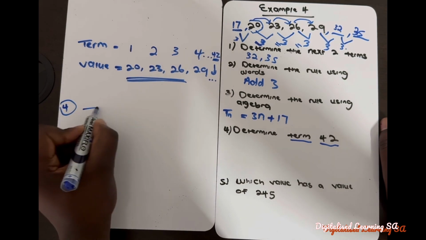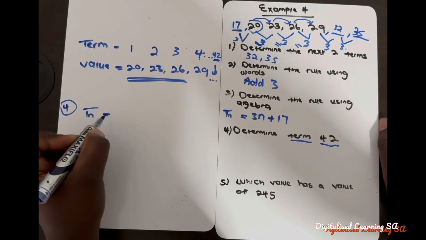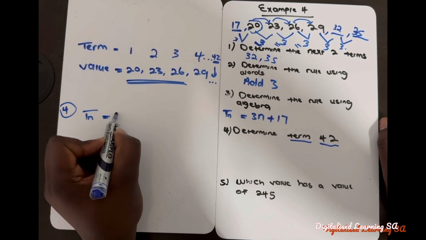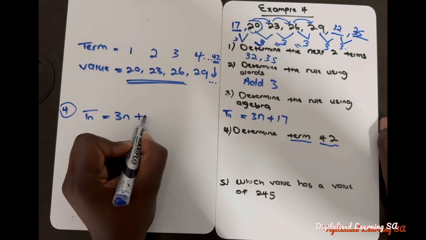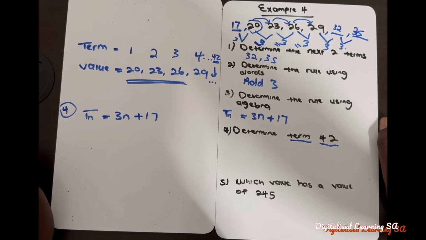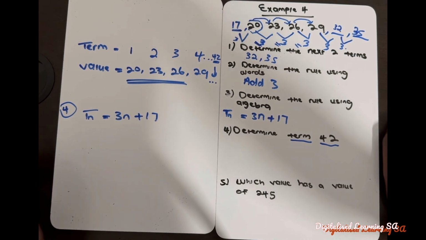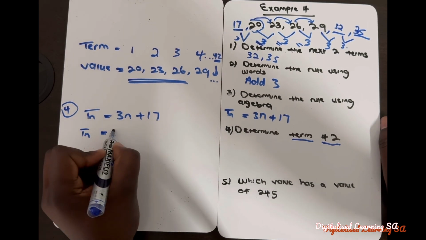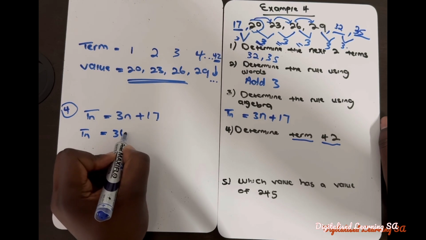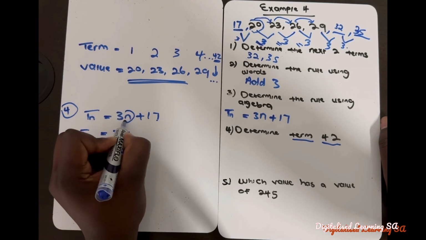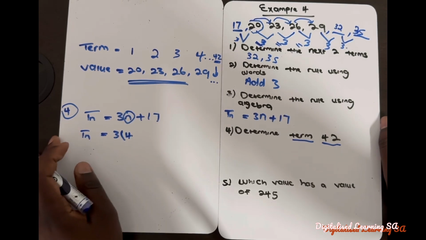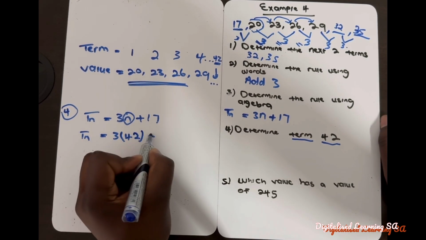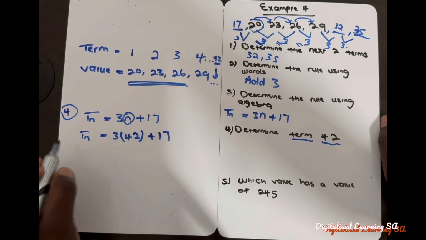Now we use our algebra formula that we got. To determine term 42, we need to say Tn equals 3, and then we replace this n with the term that we are given or looking for, which is 42, and then add 17.